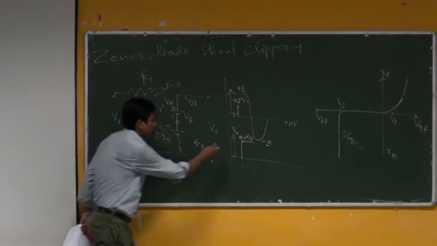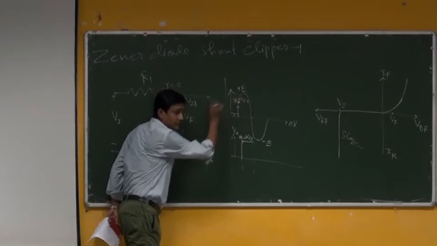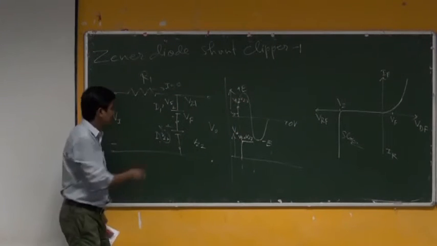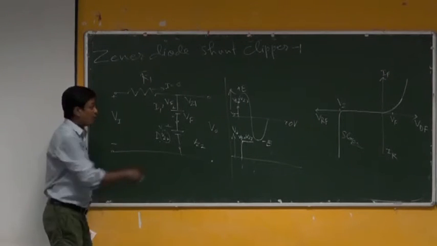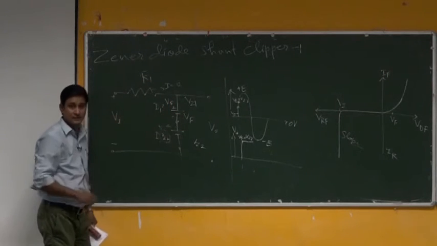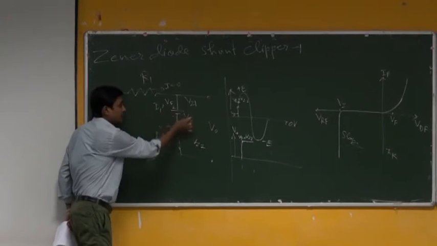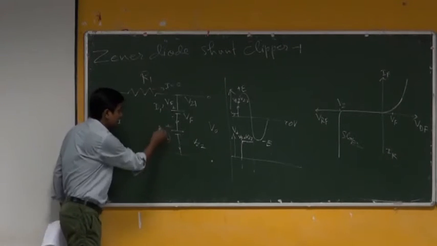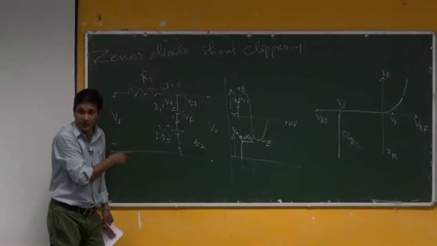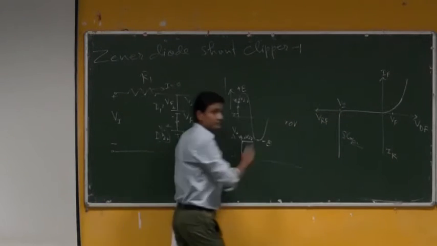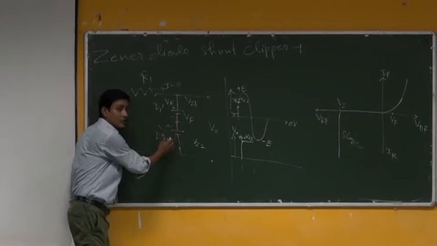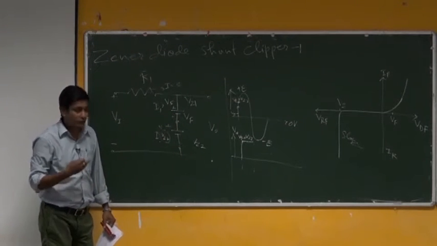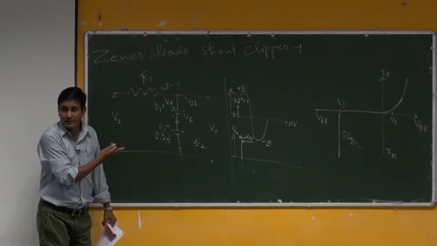So if the input goes beyond Vf plus Vz, that potential might be applied here. But what is the voltage across this? Here Vf cannot change. Here Vz2 cannot change, because the characteristic says that way. It is so stable that it cannot change. So these two voltages cannot change. So the output voltage will always be Vf plus Vz2.